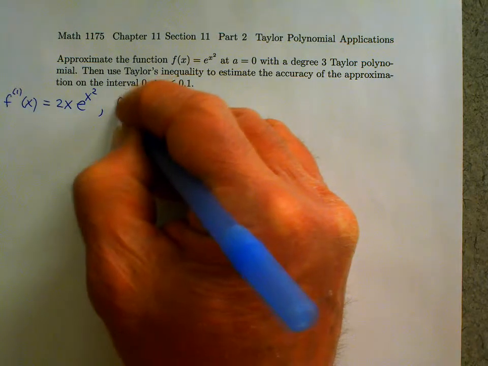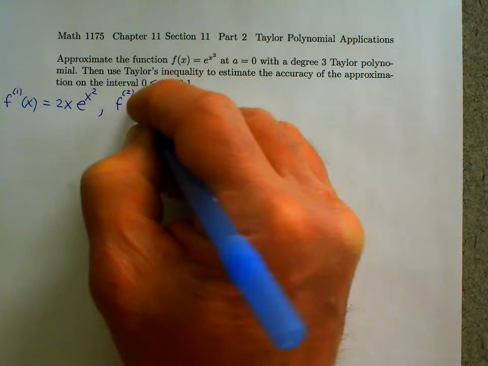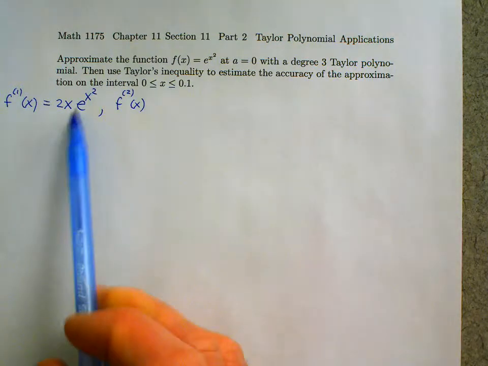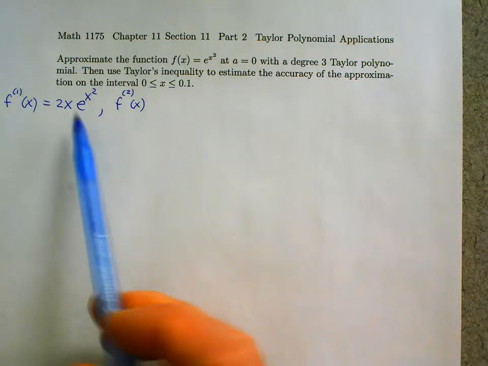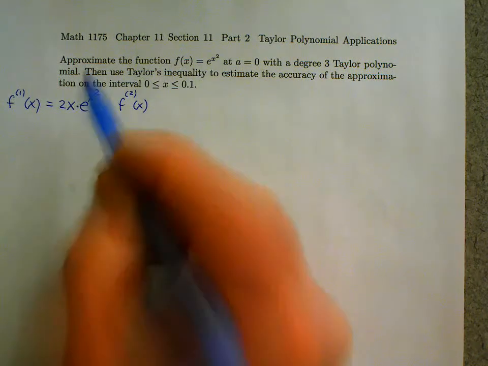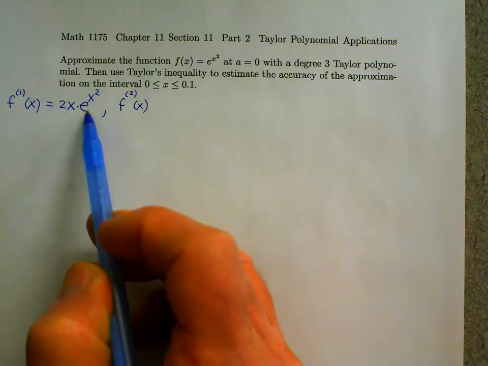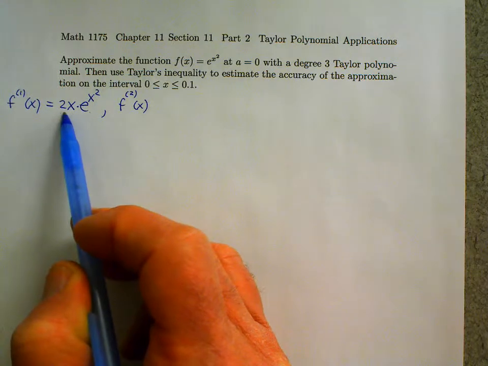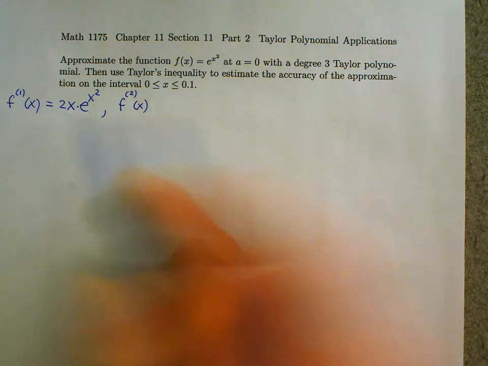To find the second derivative, now we have to use the product rule. This is like a polynomial function of x multiplied by an exponential function of x, so we have to use the product rule.